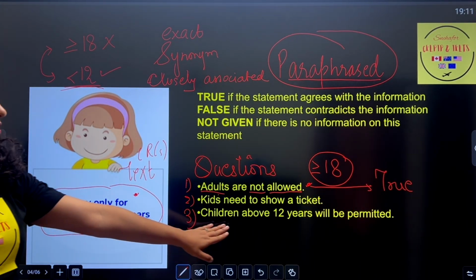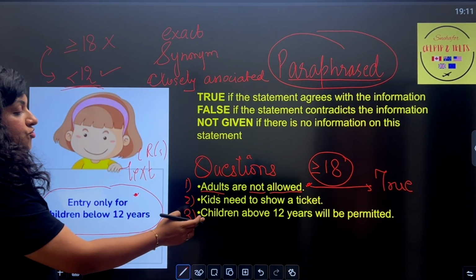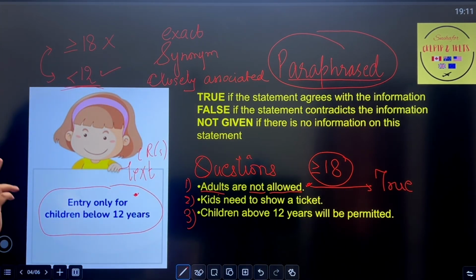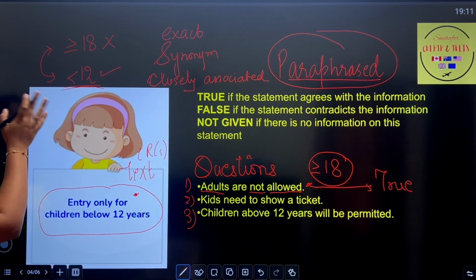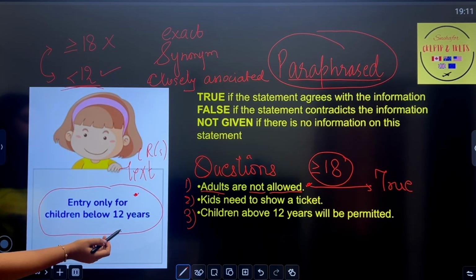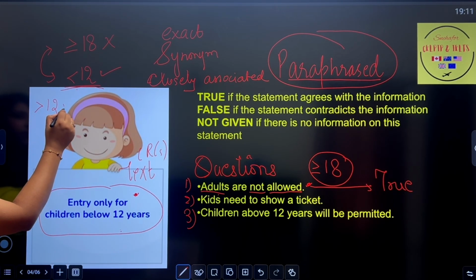Now let's come to the third question first. Third question says, children above 12 years will be permitted. So what it is saying is exactly opposite of this. Children above 12 years permitted?